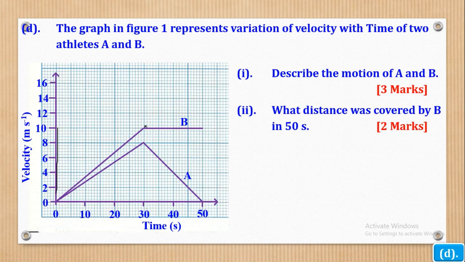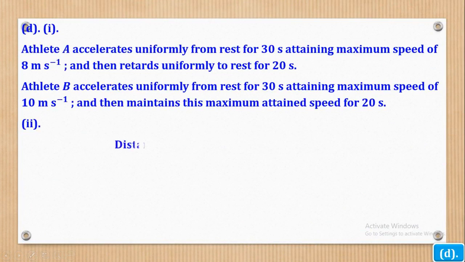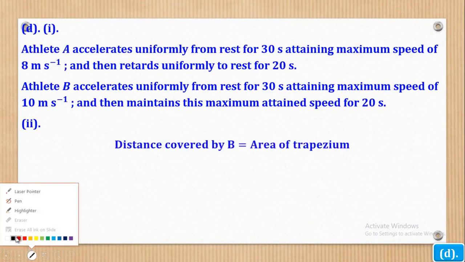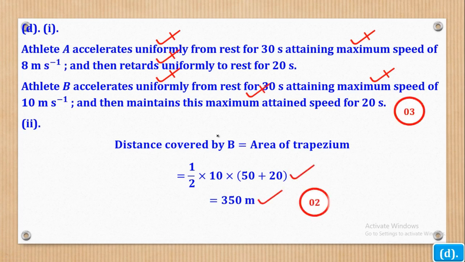Then A can be this, which will be 50 minus 30, which is 20, and B can be 50. So let's substitute for that in the formula of a trapezium. That gives you a half times 10 times in brackets 50 plus 20, which gives you 350 meters. So that is how marks for this slide would be awarded.